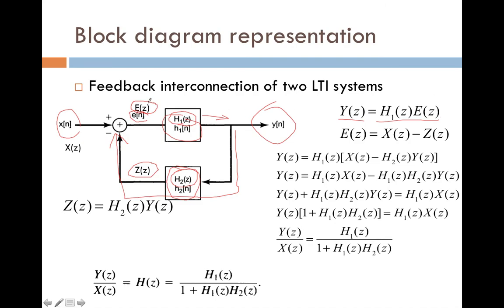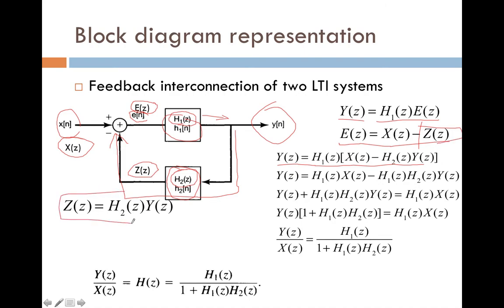The error signal is determined by subtracting Z of z from X of z, the difference between X of z and Z of z. So E of z is equal to X of z minus Z of z. We are going to substitute this E of z in this equation. You will get Y of z is equal to H1 of z into X of z minus H2 of z into Y of z. We need to know what Z of z is. Z of z is here.